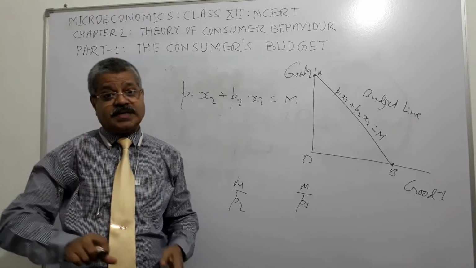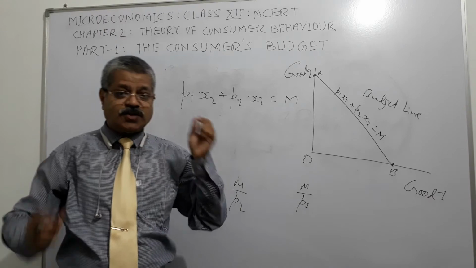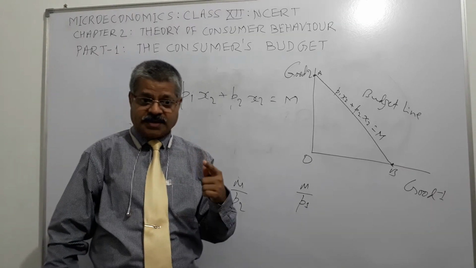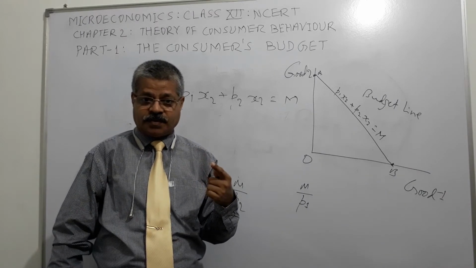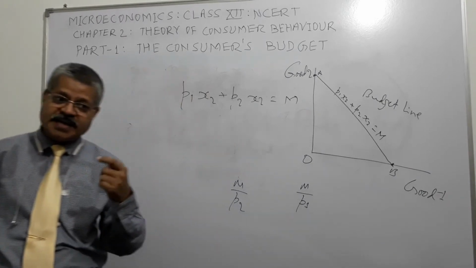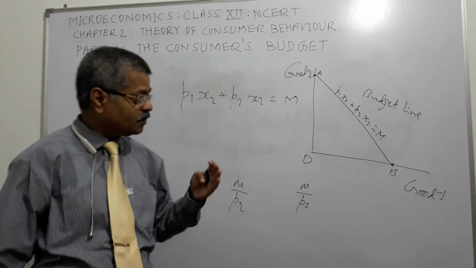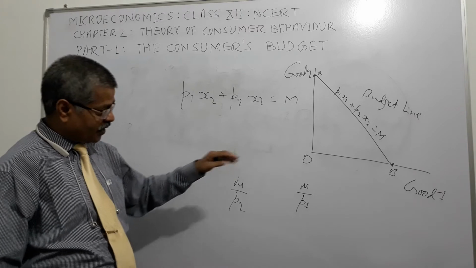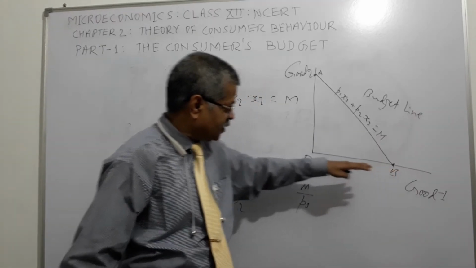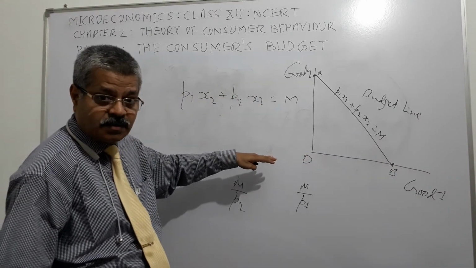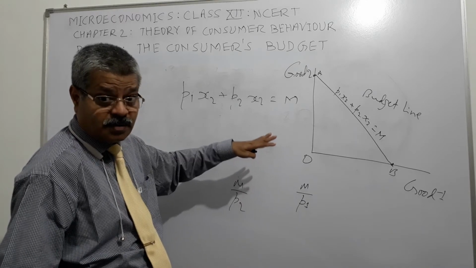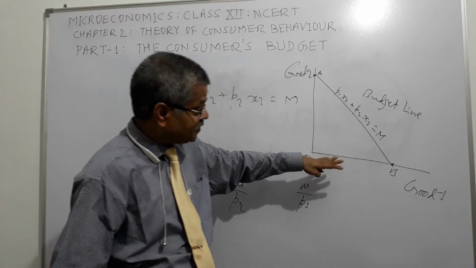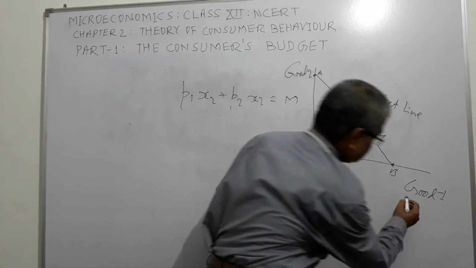So what do we see? In the case of the horizontal intercept, the bundle the consumer can buy is if he spends his entire income on good 1.